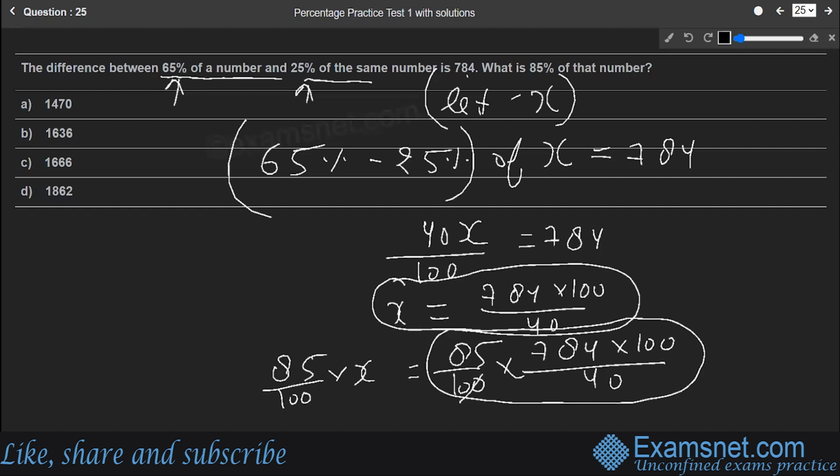So we can simplify. 100 can cancel with 100, then the 40 can be cut with 85, 5 17s are 85 and 5 8s are 40, then we can cut the 8 and 784, and ultimately 85% of x comes out as the exact number 1666. So that is the 85% of the number. So 1666 is available in option C.